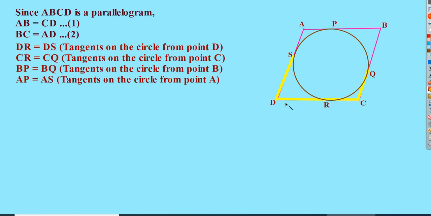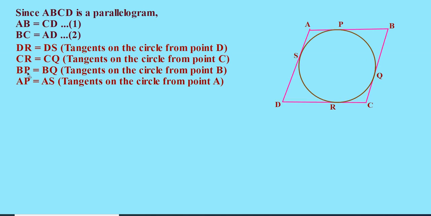Similarly, BP is equal to BQ and AP is equal to AS. These are all tangents from an external point.